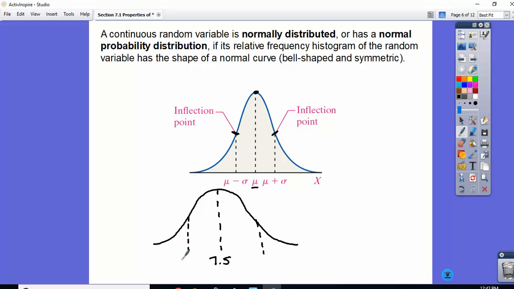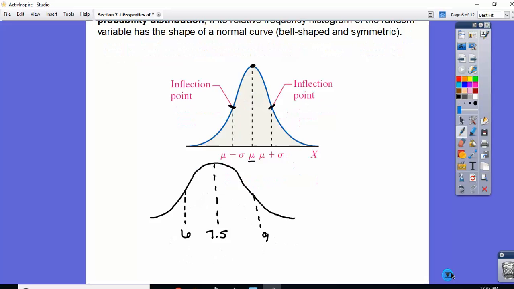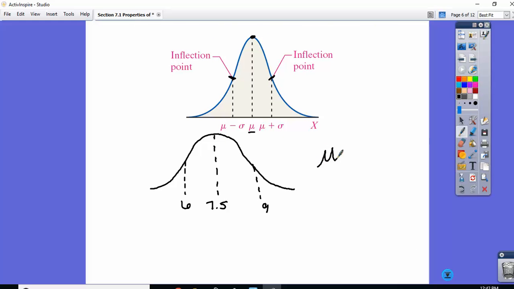Let's say this is 6 and 9. So a few of your homework problems are just going to give you a diagram like this and say what is the mean, what is your standard deviation, just from looking at this curve. And we know the mean is where we have the peak of our graph, so the mean is 7.5.